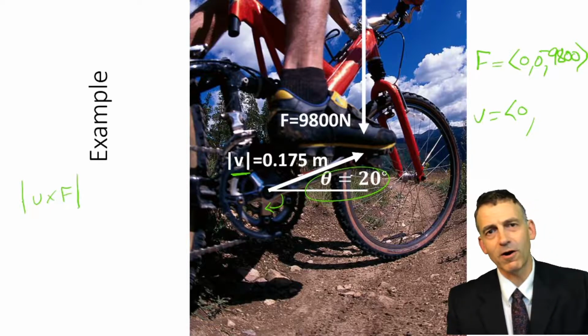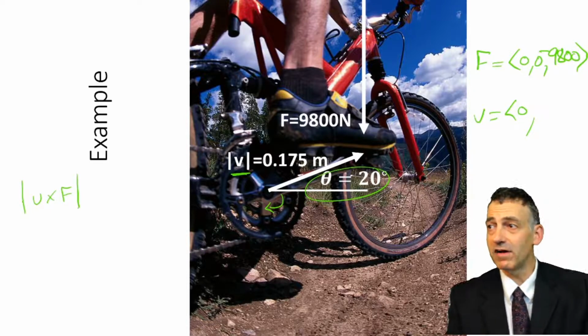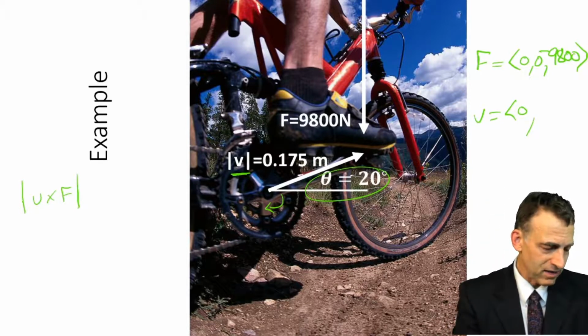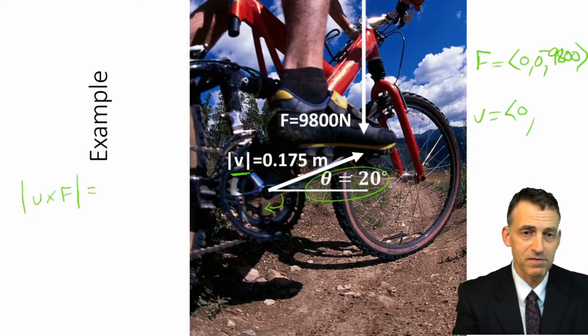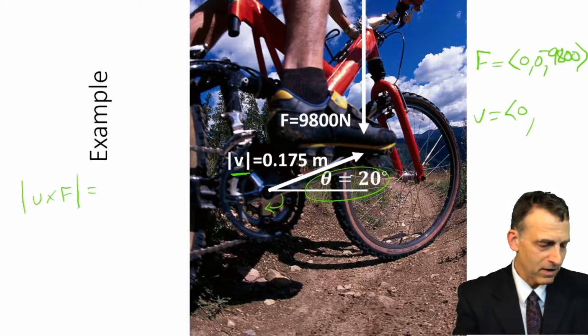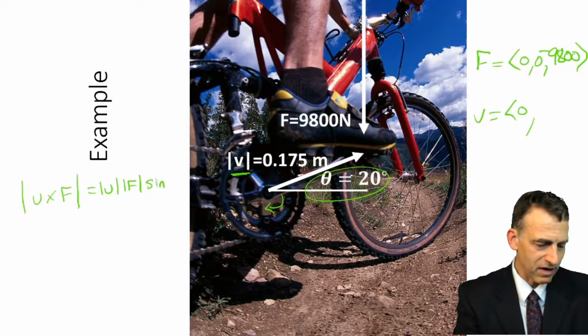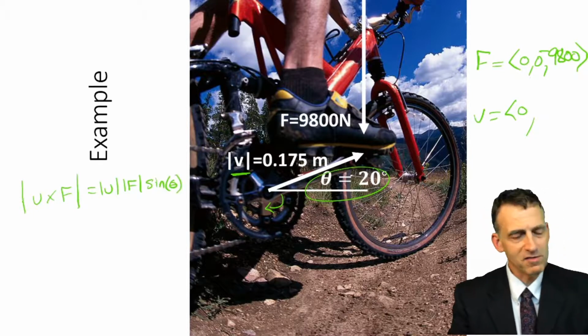That's way too much work, because we already have the formula on the previous page that the magnitude of this cross product is the magnitude of u times the magnitude of F times the sine of the angle. This is going to be way easier, so I'll do it this way.